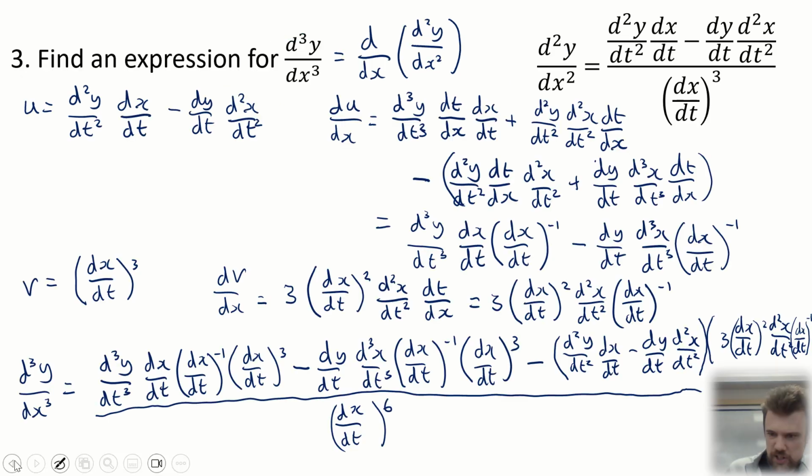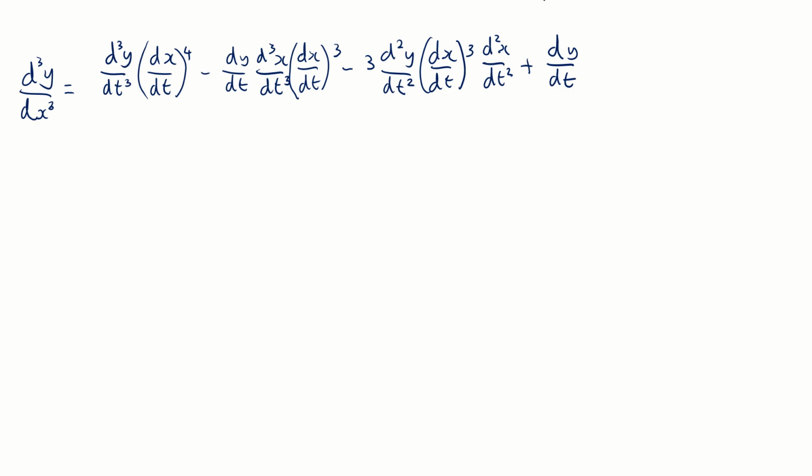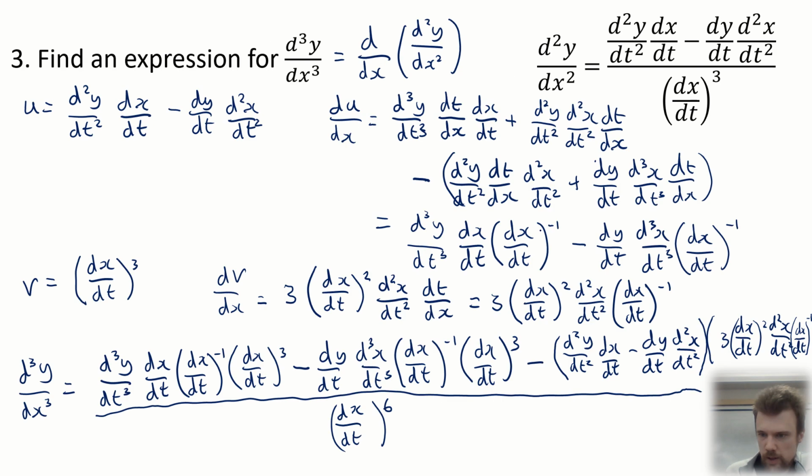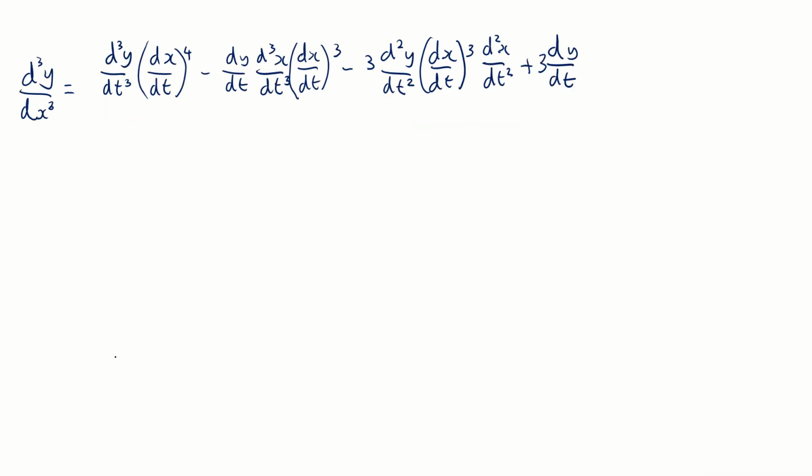Again, I've suddenly realized I missed out the fact it's being multiplied by 3. And we have dy over dt, d squared x over dt squared, squared, and dx over dt squared. Wow, that is really crazy.